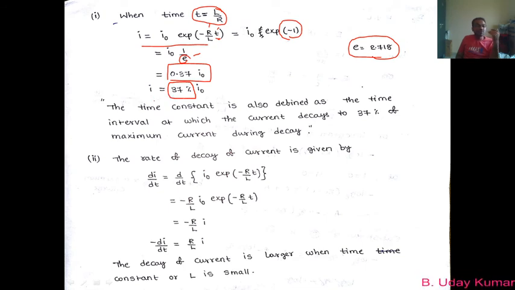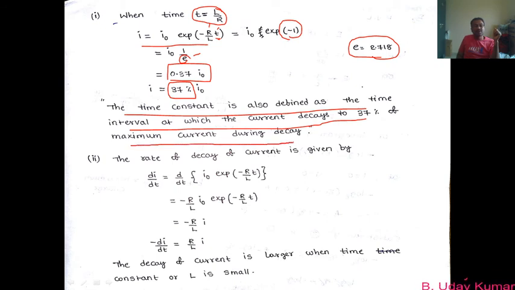So the time constant's definition is already known to you in the case of growth of current. Here we are getting one more definition of time constant. The time constant is also defined as the time interval in which the current decays to 37% of the maximum current during decay. In simple words, the time constant is defined as the time interval in which the current grows from 0 to 63% of its maximum value, which we already tried to understand in the case of growth of current.